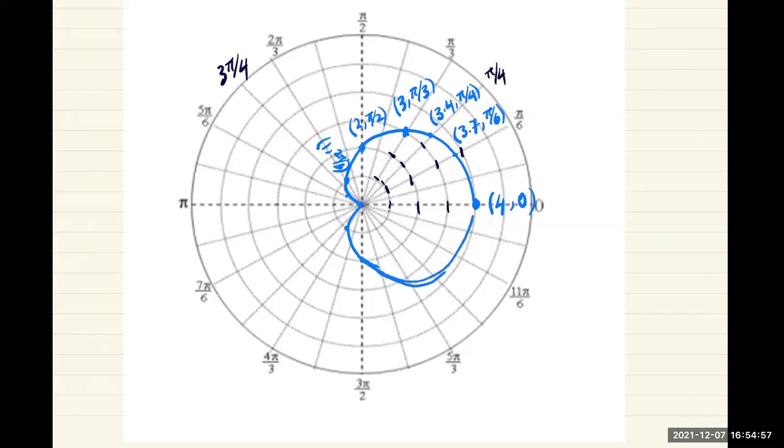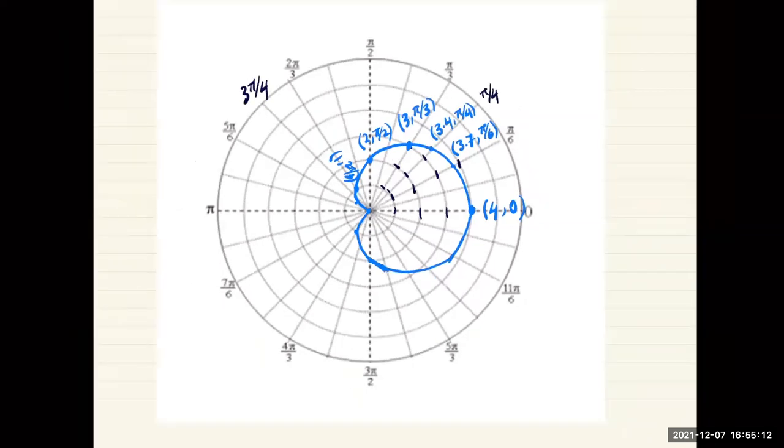I should just plot points and not go through the pain of correcting this a million times. But we're going to show you a better way to graph these in a second. This is called a cardioid, because it looks like a heart. That's what this object is.